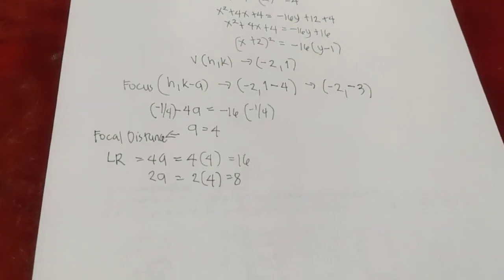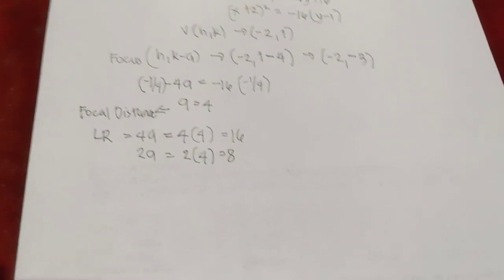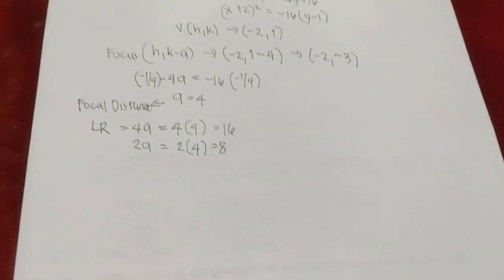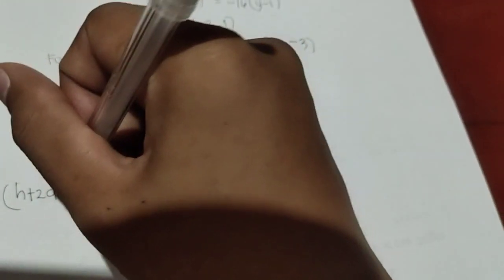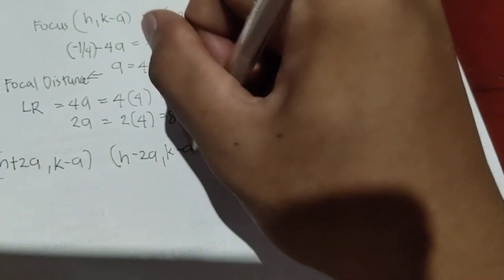The endpoints of latus rectum of the parabola that opens downward is h plus 2a, comma, k minus a, and h minus 2a, comma, k minus a.